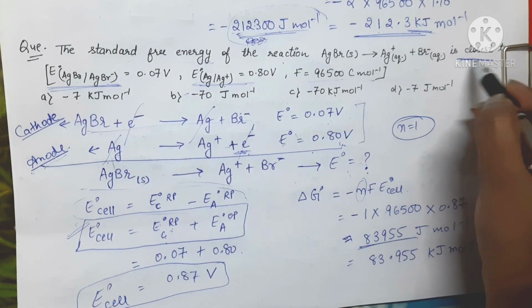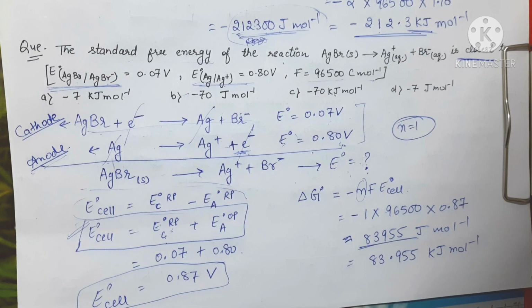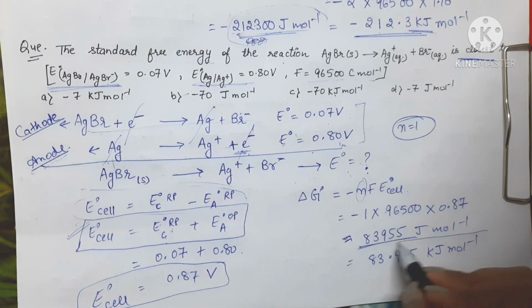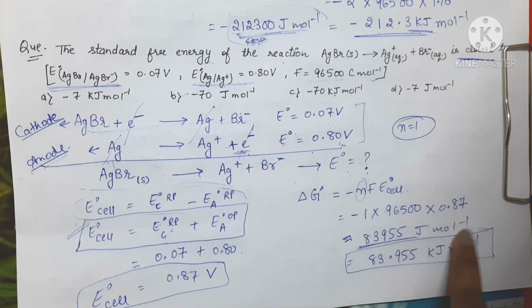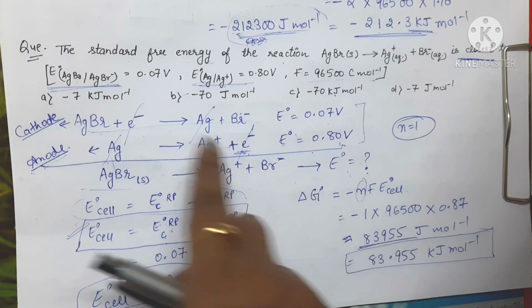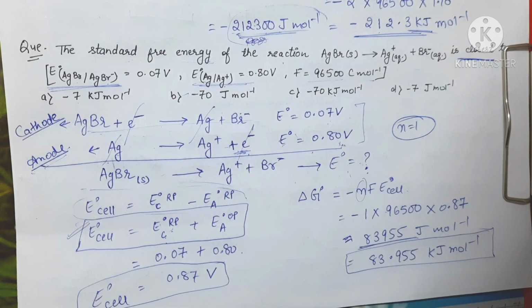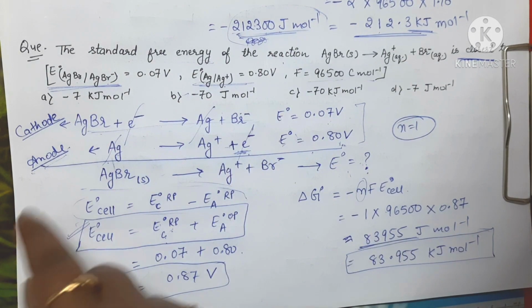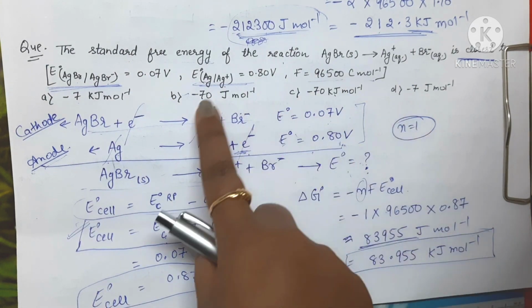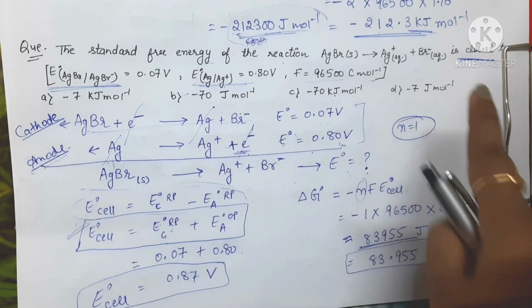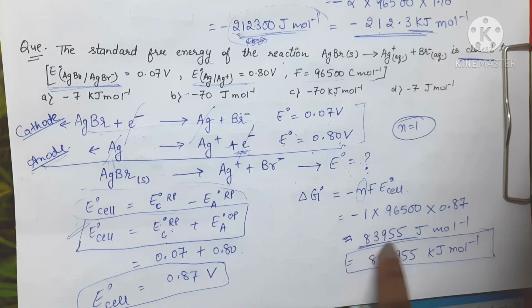Now in the question, they are asking us to find the closest value, right? First of all, the value we were getting in joules per mole was not at all comparable to the values given in joule per mole, which are B and D, right? Minus 70 and minus 7 are not comparable to this much bigger value.